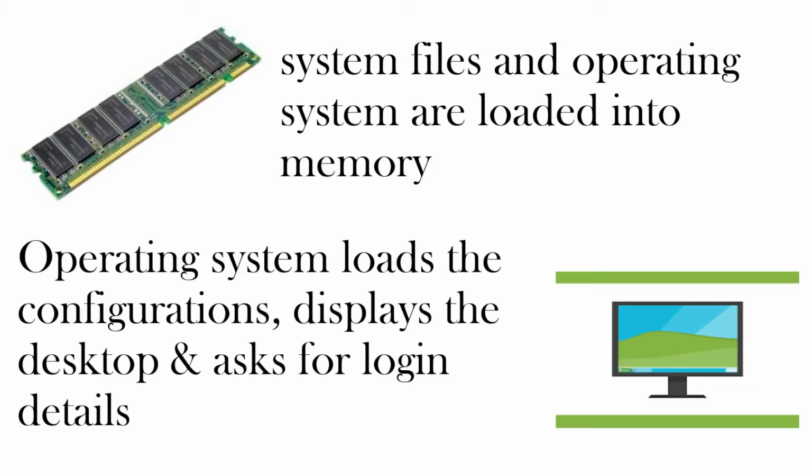That includes the operating system, which loads all the configurations, the things it needs to run, displays the desktop, what you'll see, and then your login details. The operating system shows you all the things you need to see, and also runs the parts of the computer that need to run before you start running your programs like your apps. So that's what happens when you boot a computer.